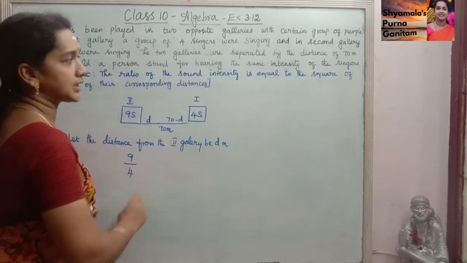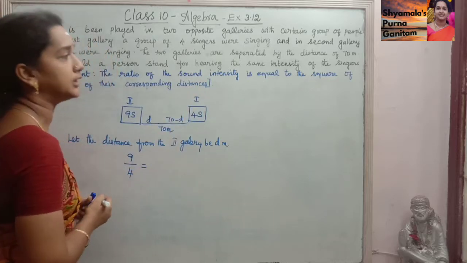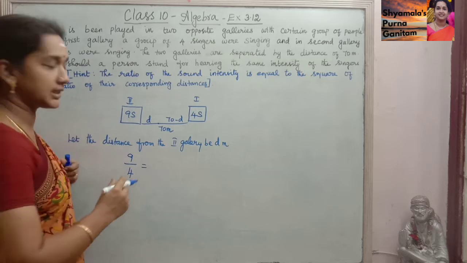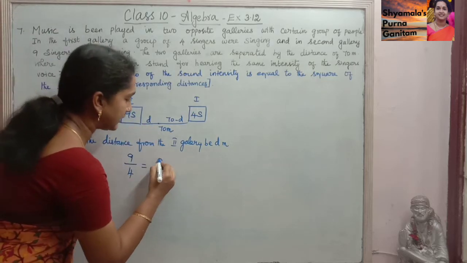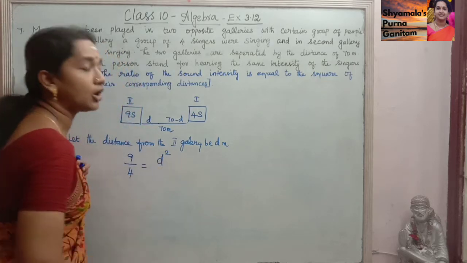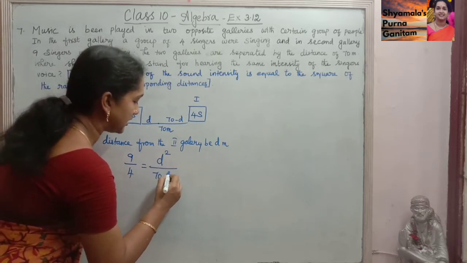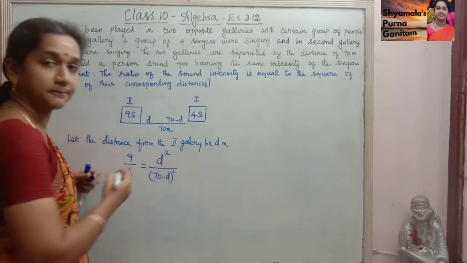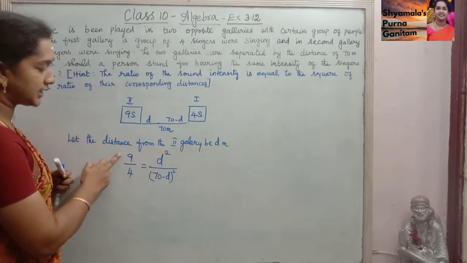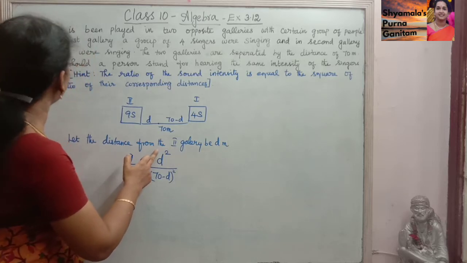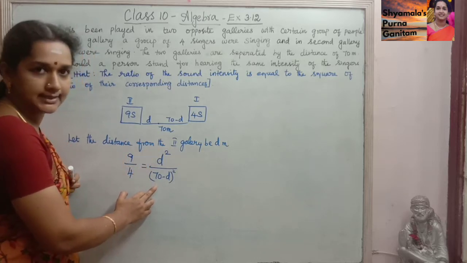The ratio of the sound intensity is equal to the square of the ratio of their corresponding distances.